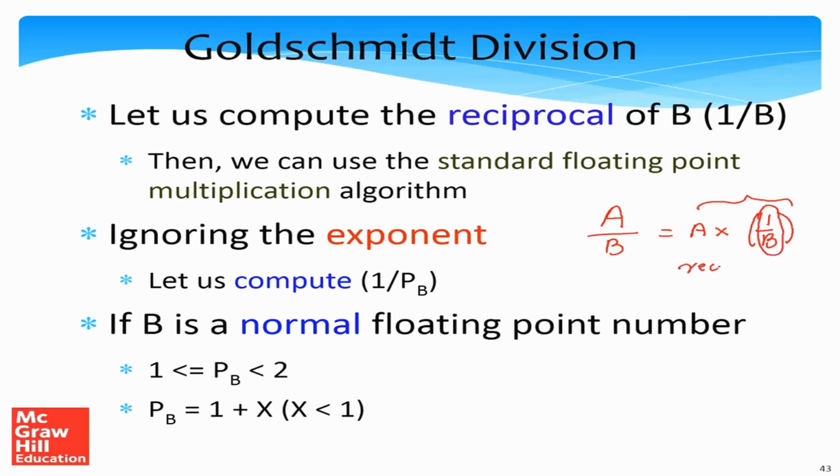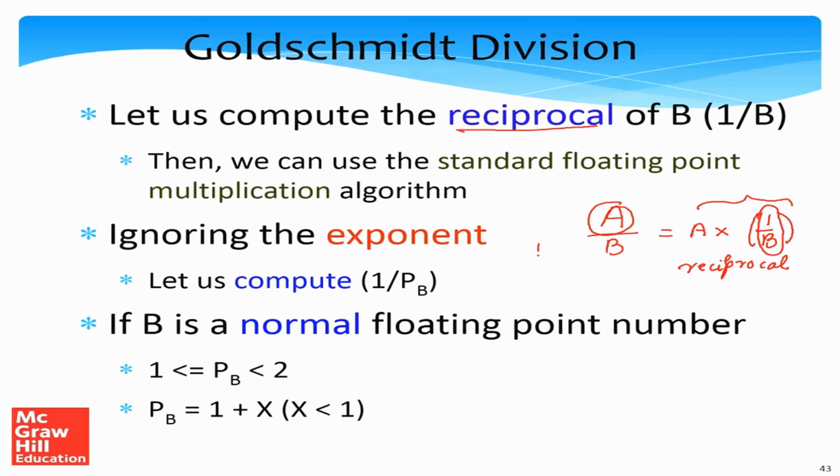1 by b is known as the reciprocal. So if I have a fast algorithm for finding the reciprocal of a number, then I can multiply 1 by b with a and compute a by b. So let us thus try to compute the reciprocal of b, which is 1 by b. Then we can use standard multiplication.